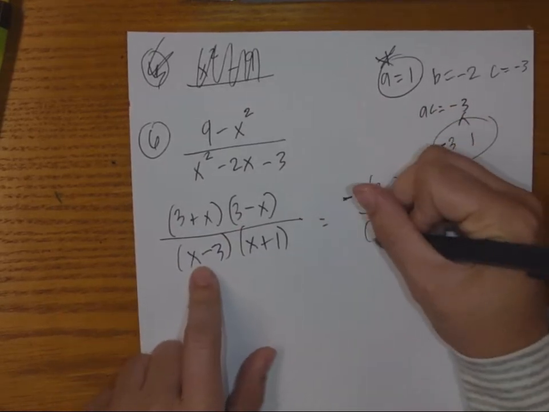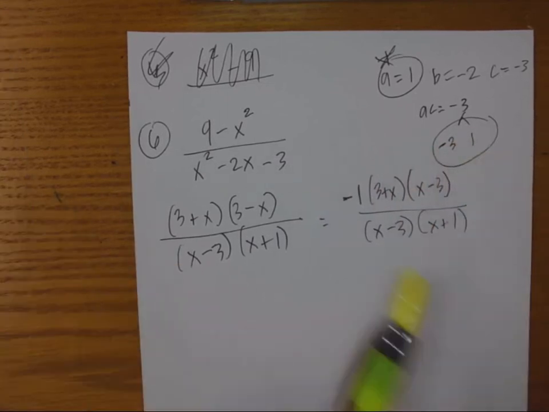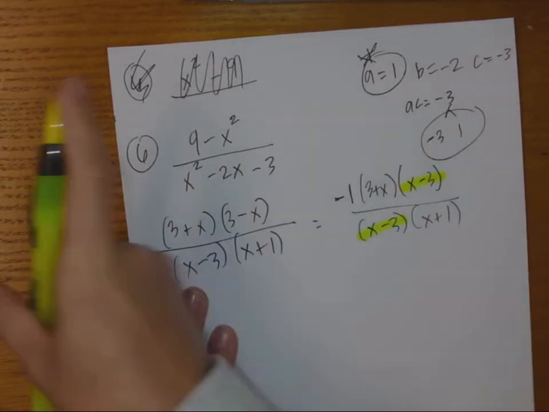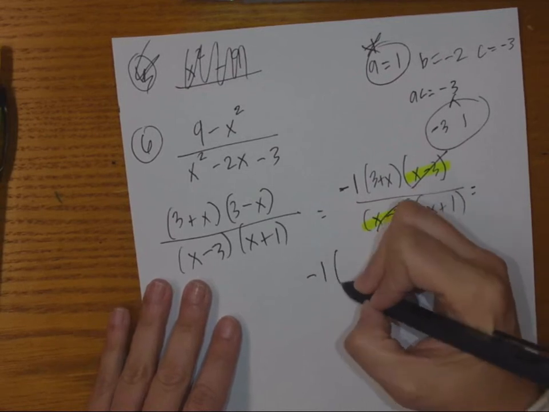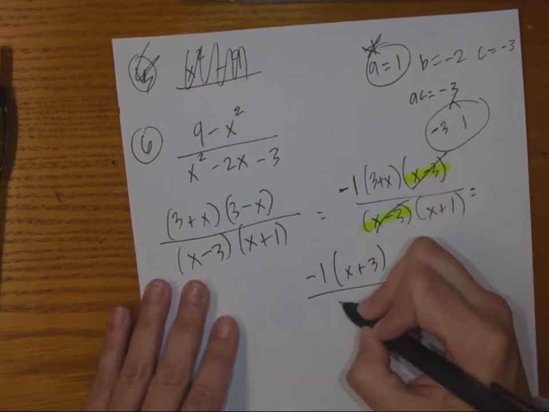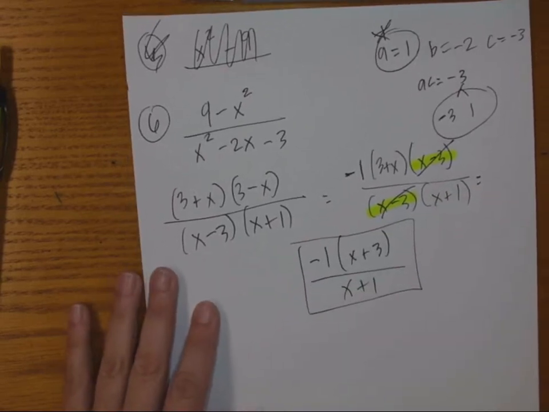On bottom, it's still x minus 3, x plus 1. And now I can cancel those two out or divide them out, and I'm left with -1 times 3 plus x, or x plus 3, however you want to write it, it doesn't matter, over x plus 1. And that is my answer.